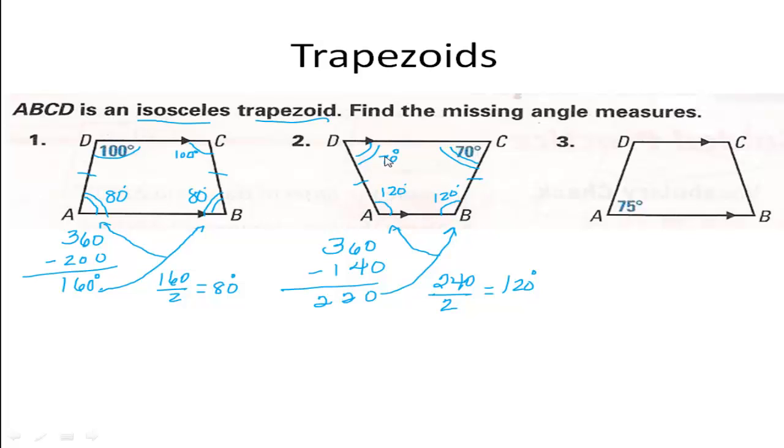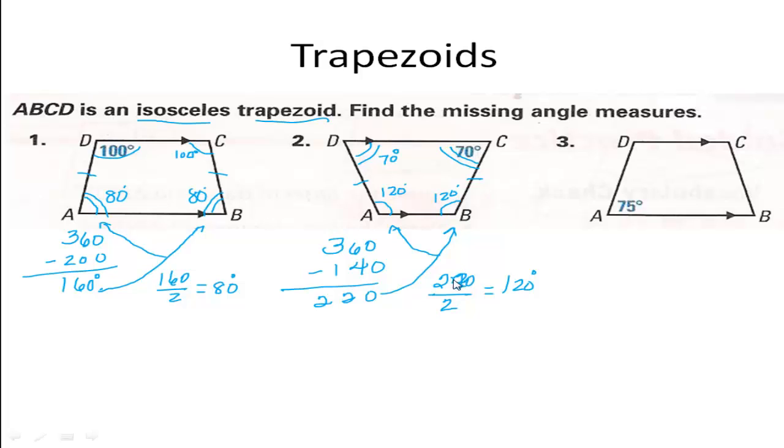And if you add all of this together, 70 and 70 is 140, 140 and 120 is 260, and 260 plus 120 is 380. There's an error here. Let's check. 0, 2, 2, 220. Oops, here's the error. It's 220. I wrote 240.